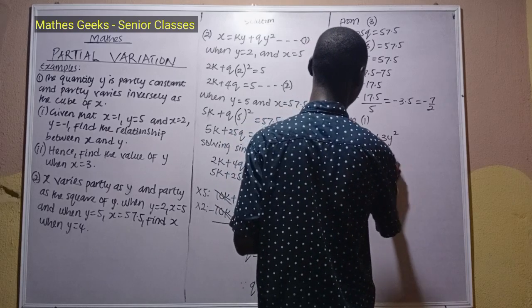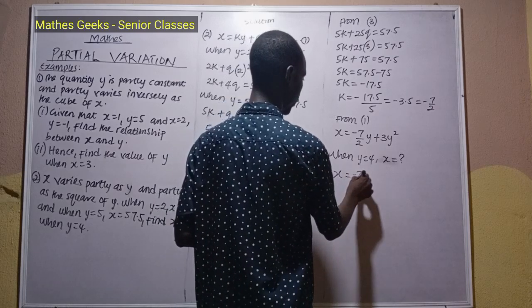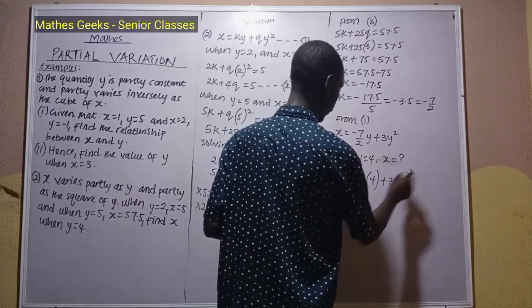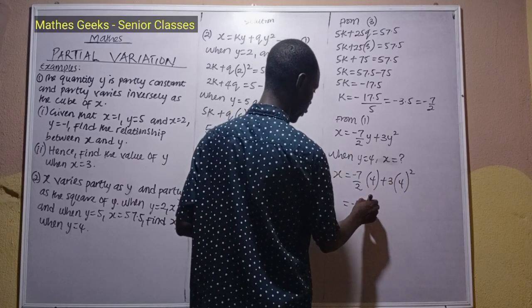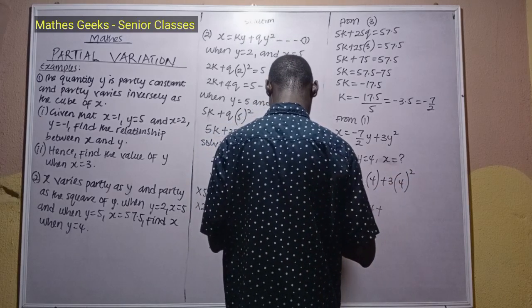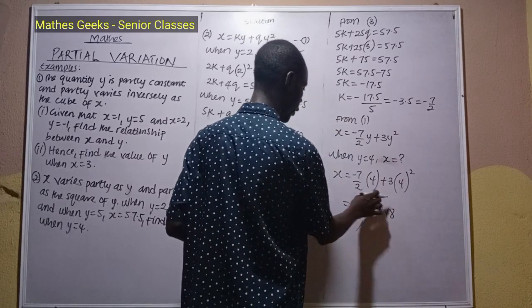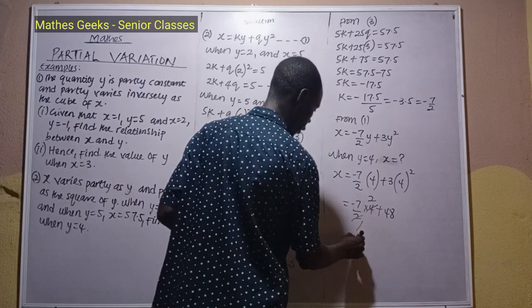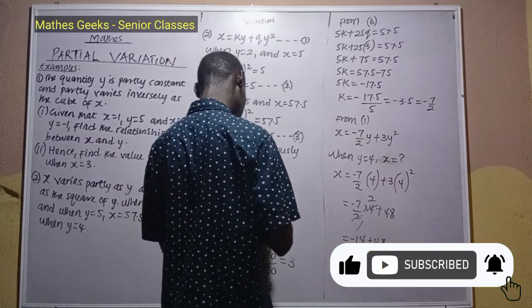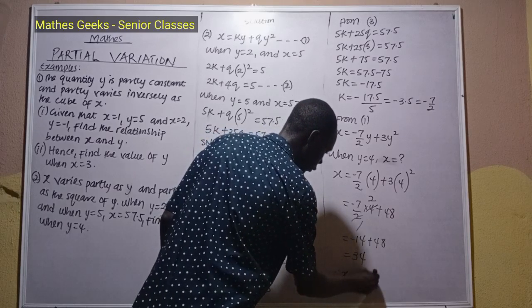When y is 4, x is unknown, so let's look for the value of x. x is minus 7 over 2 times 4 plus 3 times 4 to the power of 2. 4 to the power of 2 is 16. 16 times 3 is 48. 2 times minus 7 is minus 14, plus 48, and that's equal to 34. So therefore x equals 34.